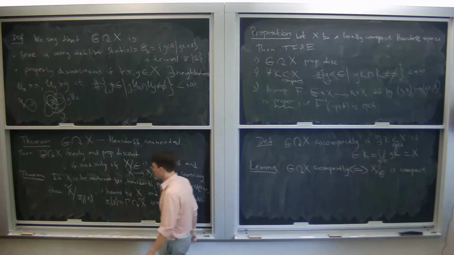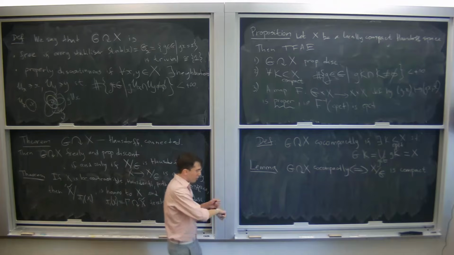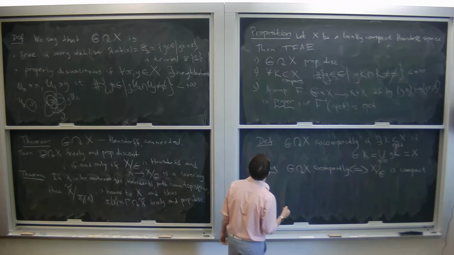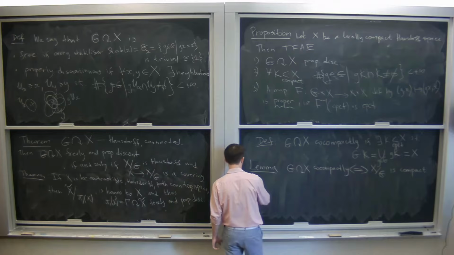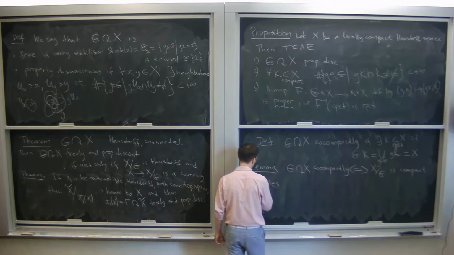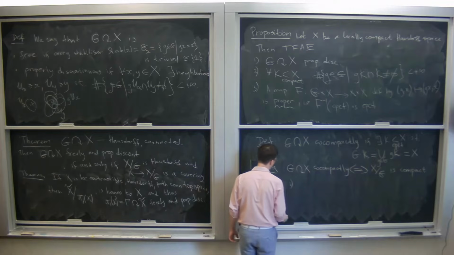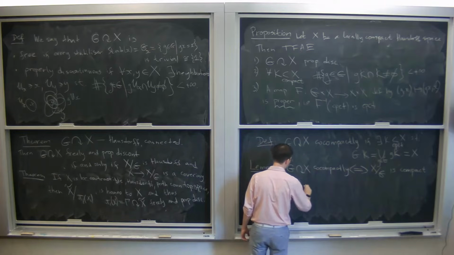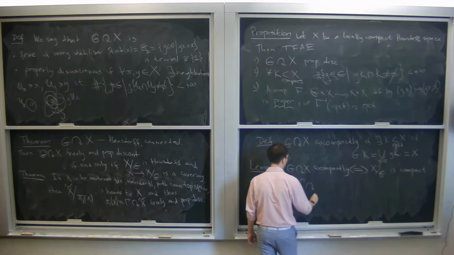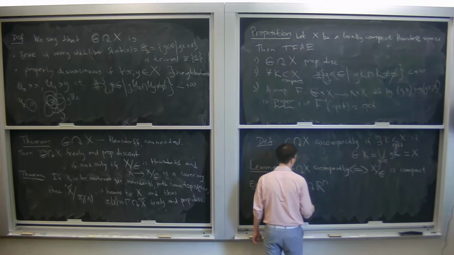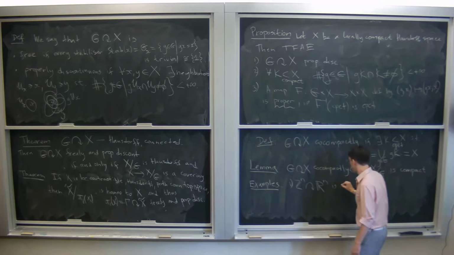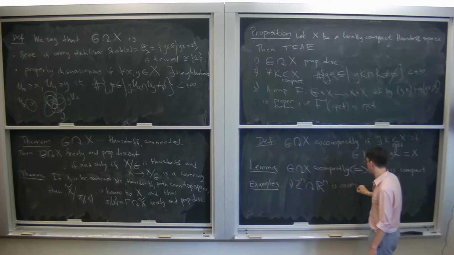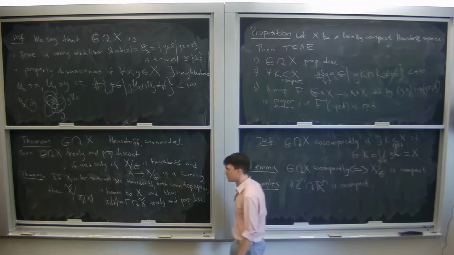And I will leave a couple of exercises, or examples. For every n, the natural action of Z^n on R^n is co-compact.